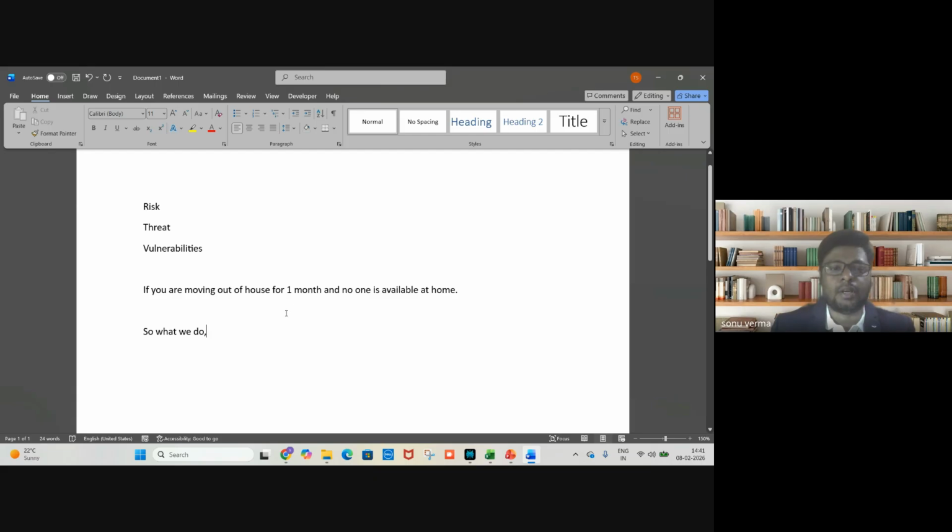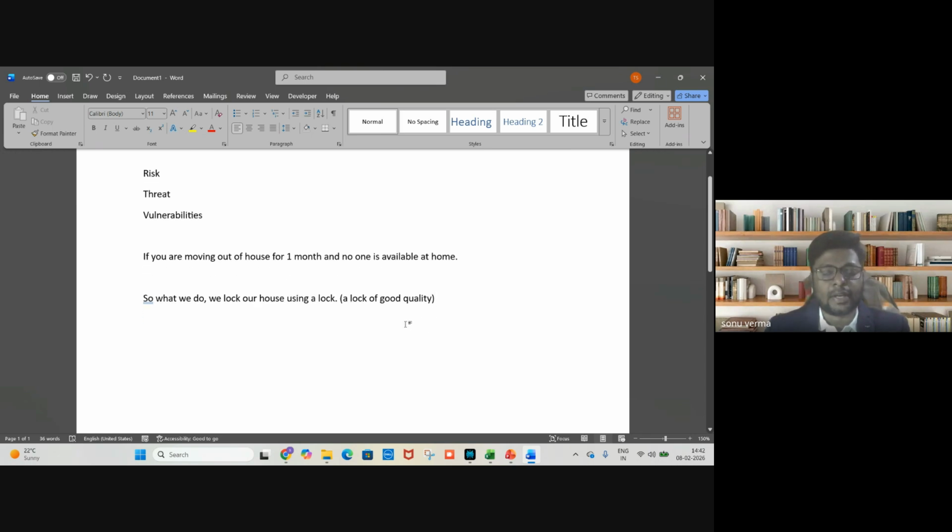We lock our house using a lock of good quality. Now, let's assume that we have used a lock of, let's say, 100 rupees on the door, and no other security.